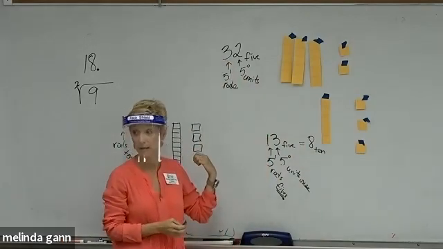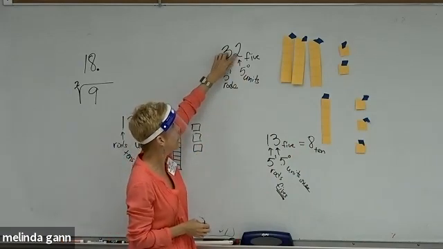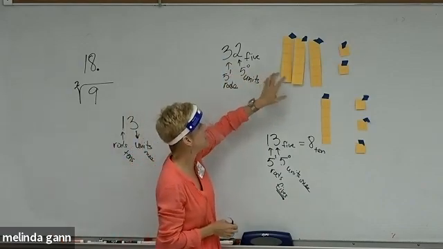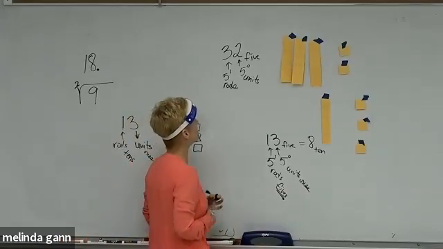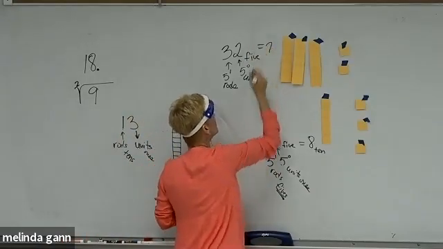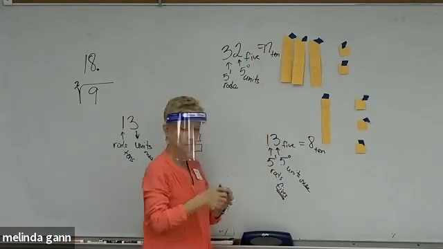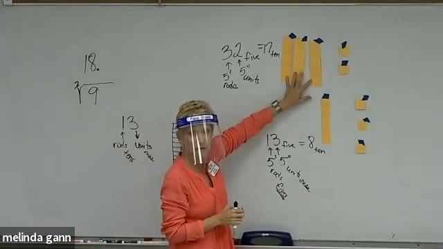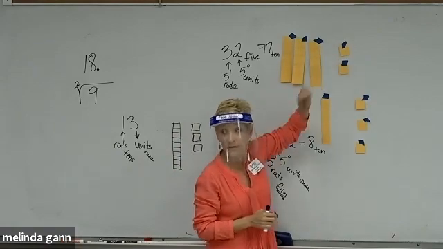That's in base 10. That's 3 5s and 2 what? 1s. So what base 10 number is this? 17. Because I have 3 5s plus I have 2 what? 1s.